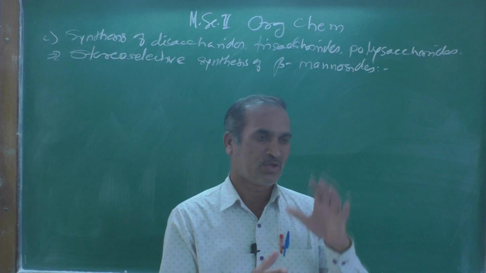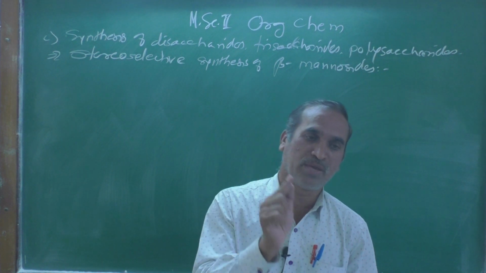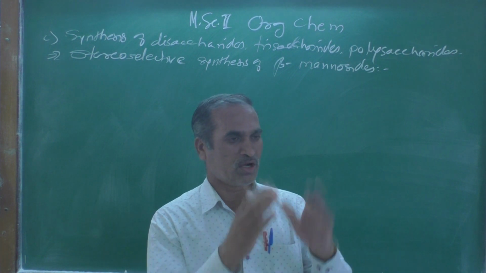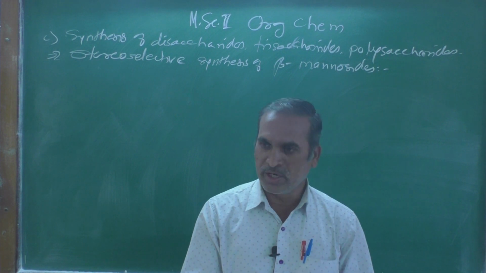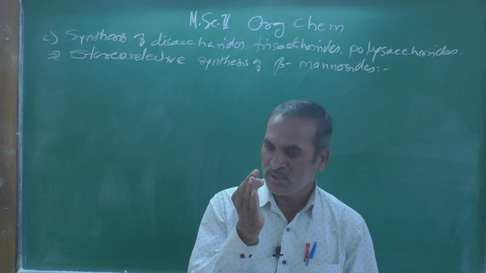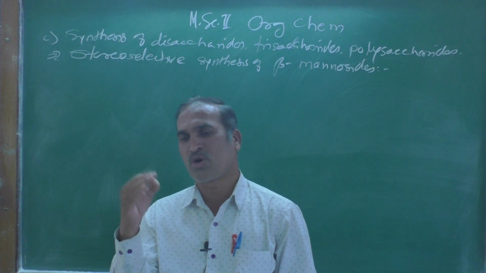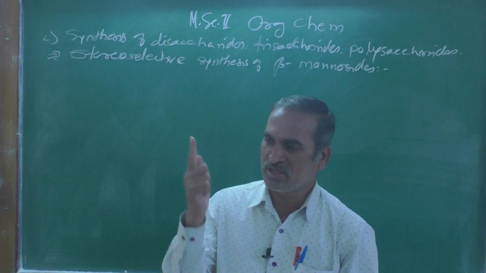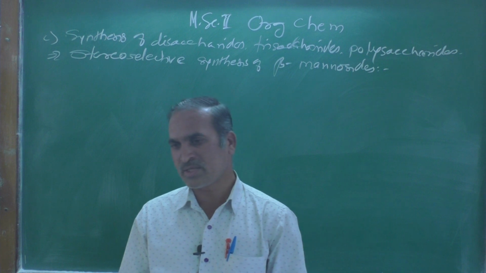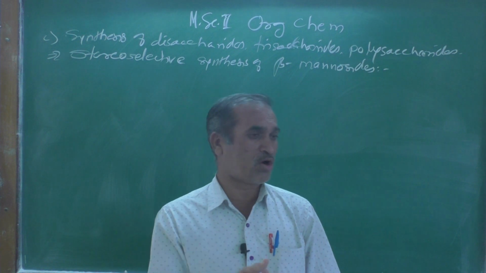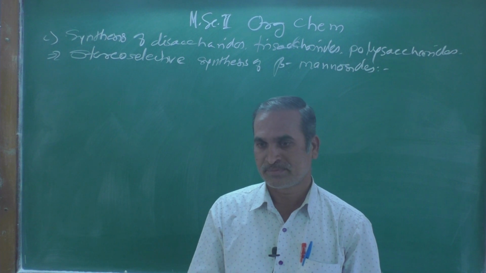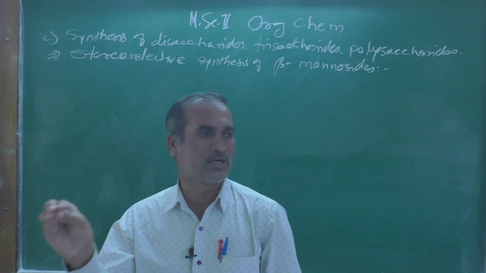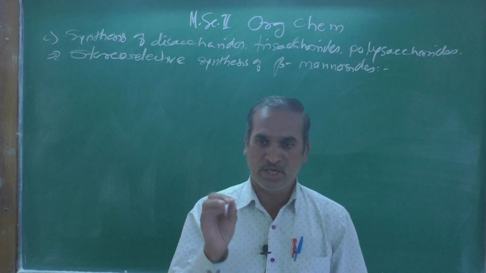If you observe the structure of maltose carefully, you will find that a hemiacetal group is present, because one of the glucose units utilizes its anomeric hydroxy group for the formation of the glycosidic linkage, and the anomeric hydroxyl group of the second sugar unit is free.